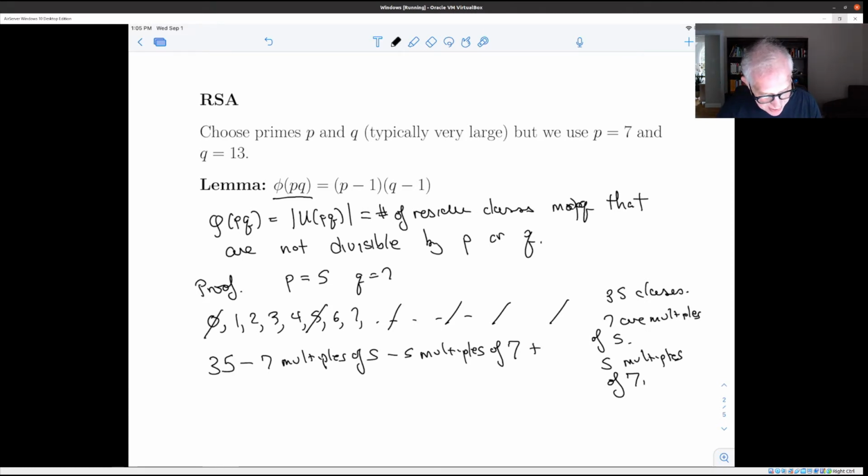So we better add one of those zeros back in so we haven't counted it twice. And if you look at this, this is 35 minus 7 minus 5 plus 1, which is the same as 7 minus 1 times 5 minus 1. In other words, it's 6 times 4 is 24.